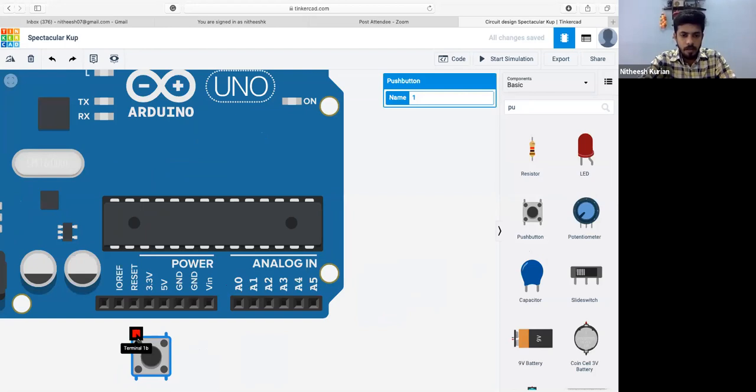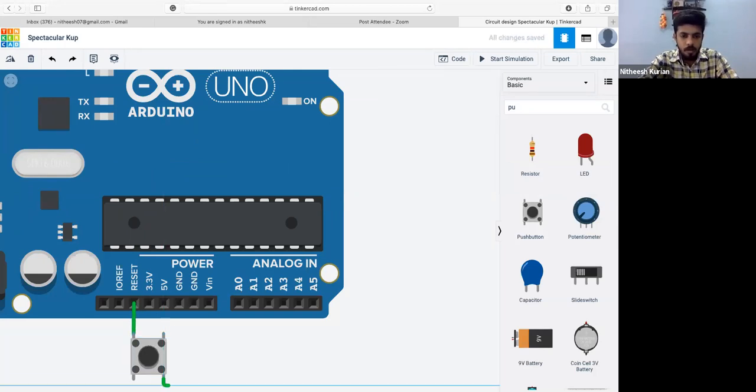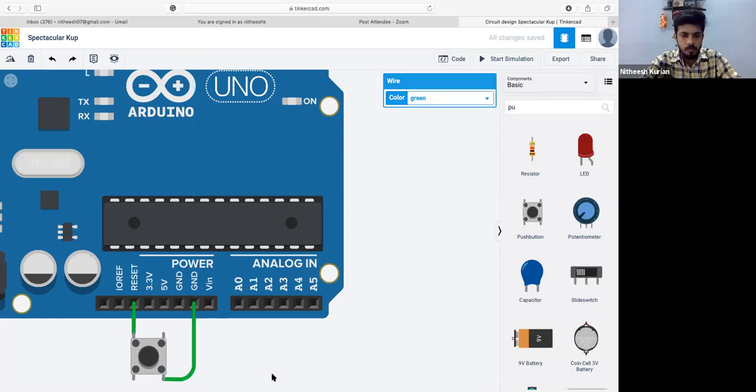I will connect terminal 1B to reset, and the diagonally opposite pin I will connect to ground. Okay, all right. And see, whenever a 0 voltage is applied to the reset pin, the Arduino board will reset, or the entire program will run once again, starting from the beginning.